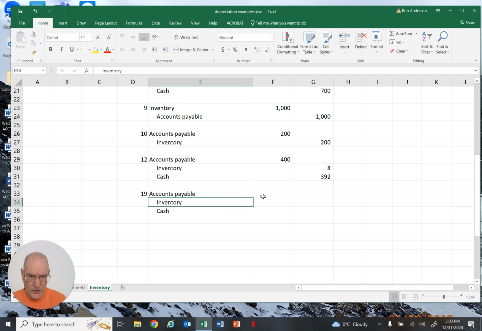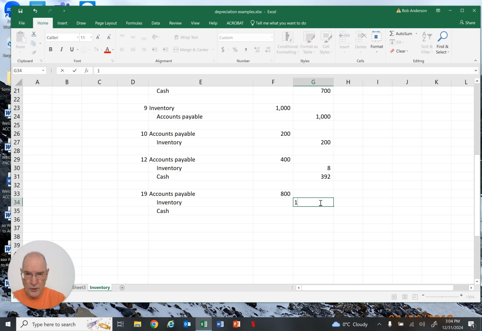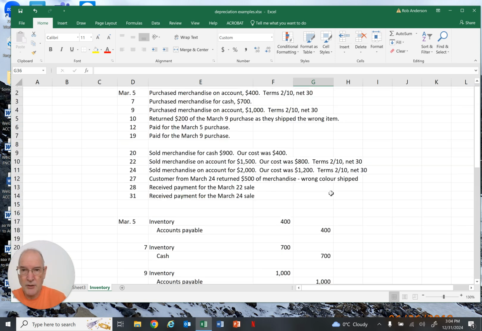We only owe 800, so we're going to pay off the 800. Now, one thing you cannot have is a discount on merchandise that you returned. So we're talking about 2% of $800 owing, not 2% of 1,000. So 2% of 800 is our $16. So we're going to credit inventory for 16, and then we're going to pay the rest in cash, which should be $784. So now we've paid for everything that we purchased.